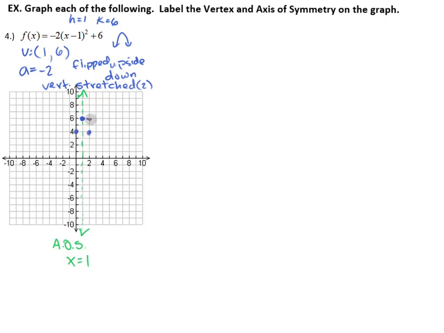If I were to go left and right 2 units, now 2 squared is 4, so we're normally going up or down 4, but remember we are going twice that distance. So in this case we are going down 8 units. So left or right 2, I'll go right 2 and go down 1, 2, 3, 4, 5, 6, 7, 8 units, and I can go over to this side and find my symmetric point.